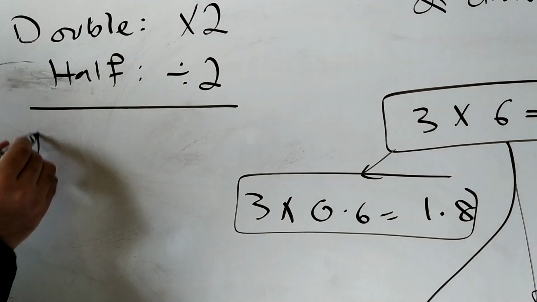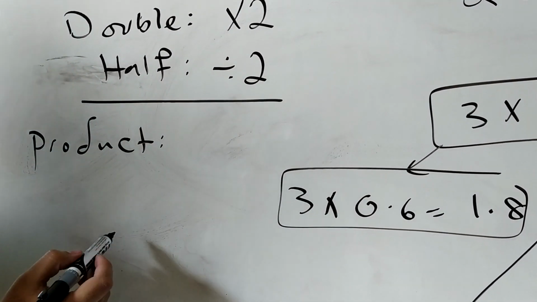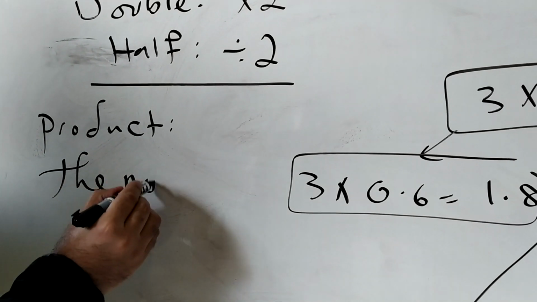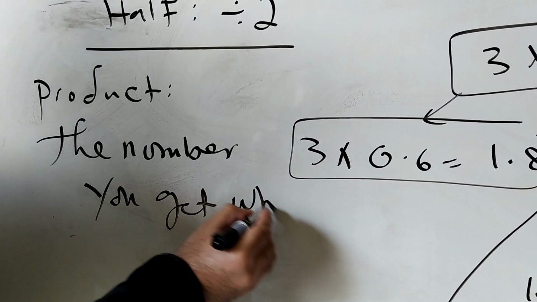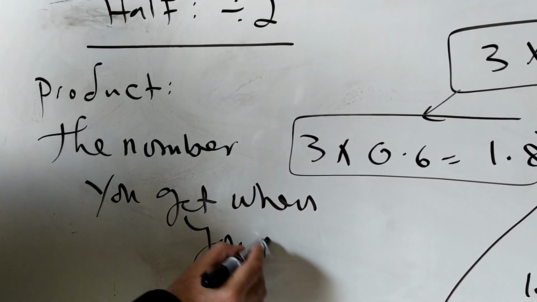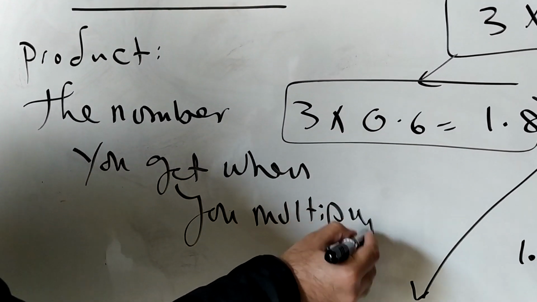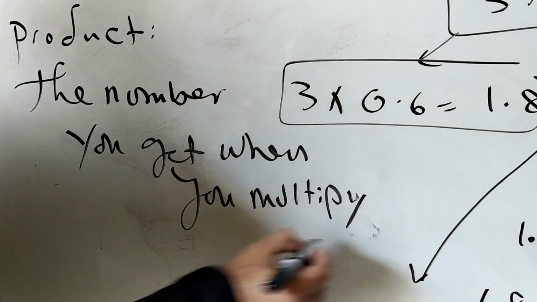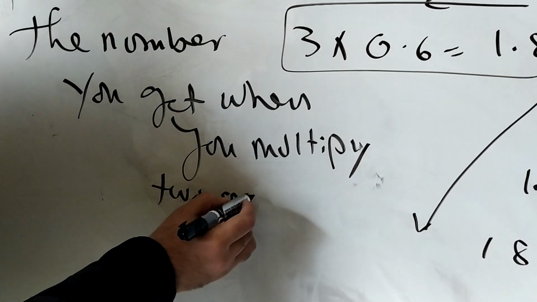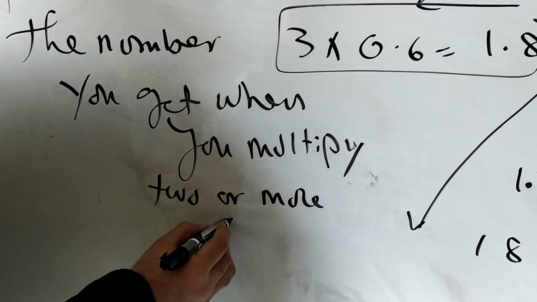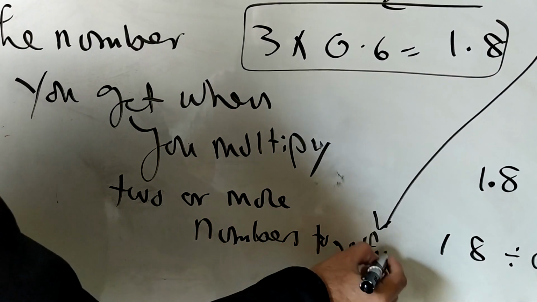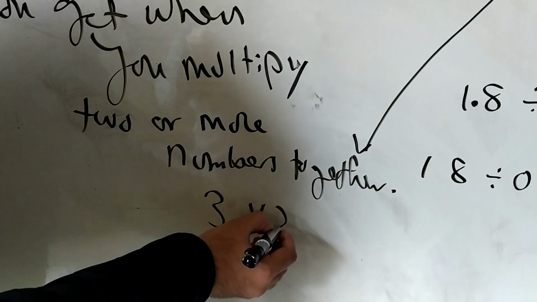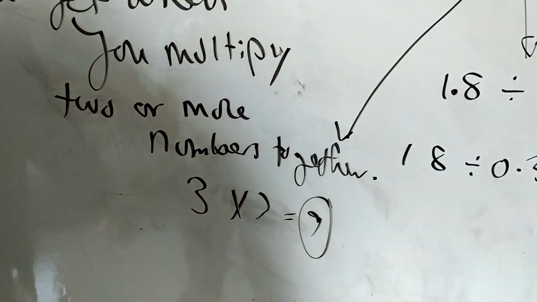Also we talked about product, and we said that the product means the number you get when you multiply 2 or more numbers together. Like if we have 3 times 3 equals 9, 9 is the product here. Okay?